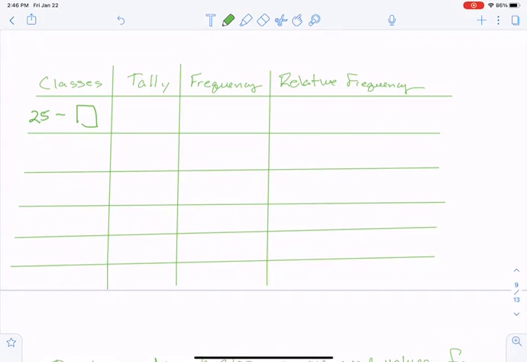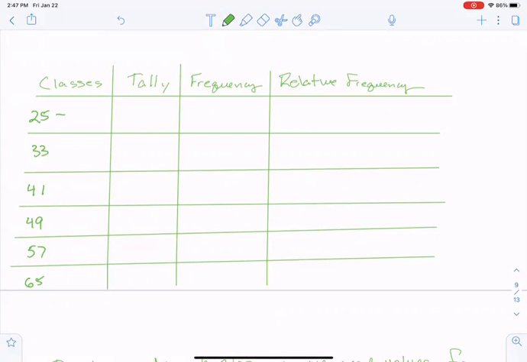The instruction said we want to build the next lower class limit by adding our width. So if I start at 25, I add 8 and get 33. Likewise, 41, keep adding 8, 49, 57, and 65. Those will be all of our lower class limits.